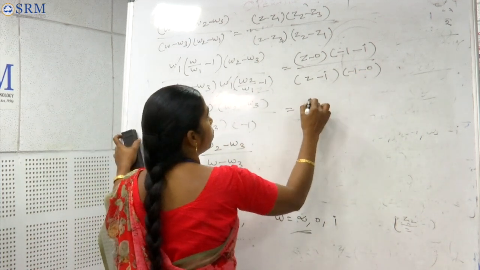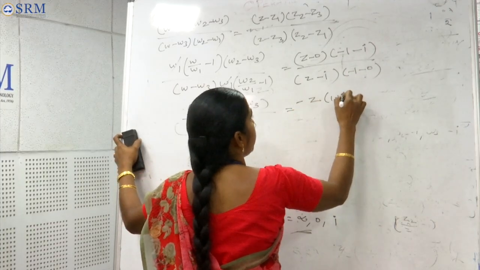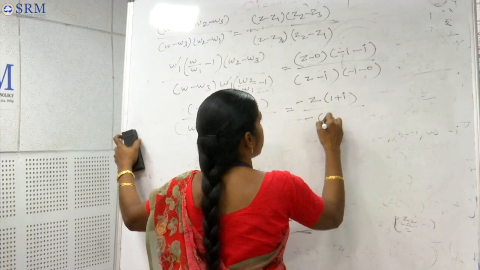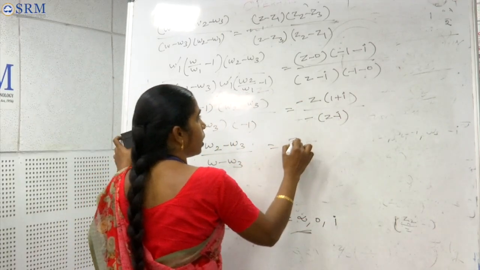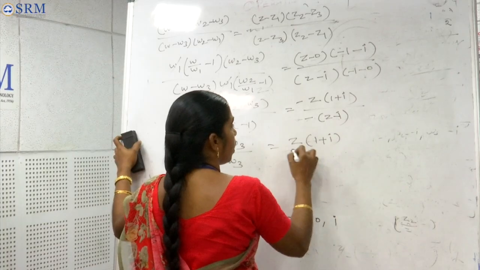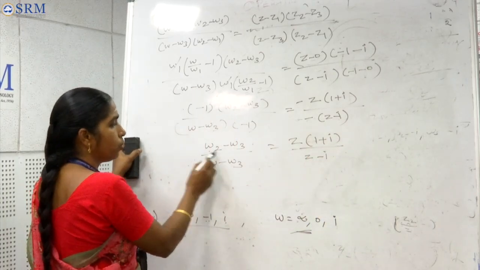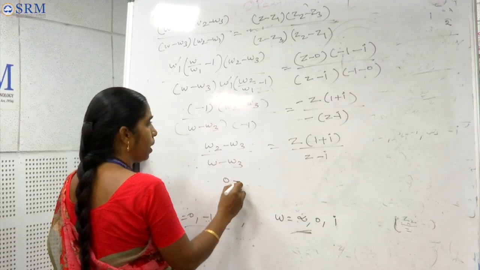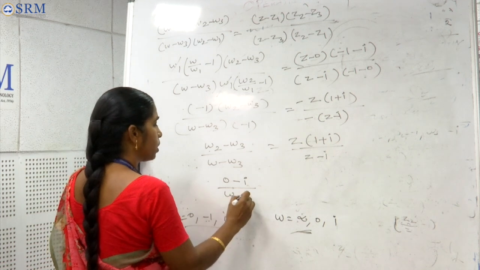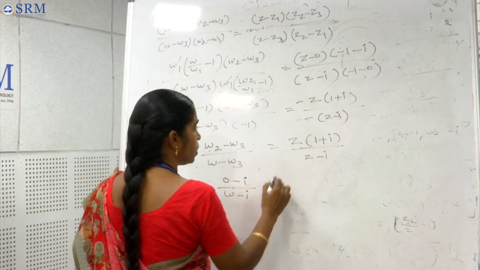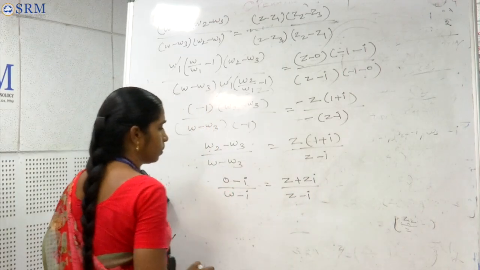So that is equal to Z, minus is there, so minus (1 plus I) divided by minus, Z minus I. So that minus is cancelled. So Z into (1 plus I) divided by (Z minus I). So what is W2? W2 is 0. So 0 minus W3, which is I, divided by (W minus I). This is equal to (Z plus Zi) divided by (Z minus I).